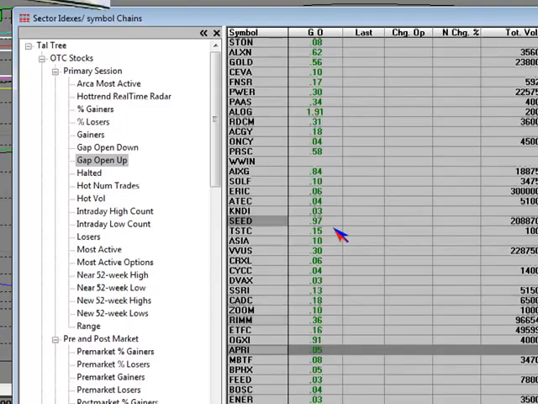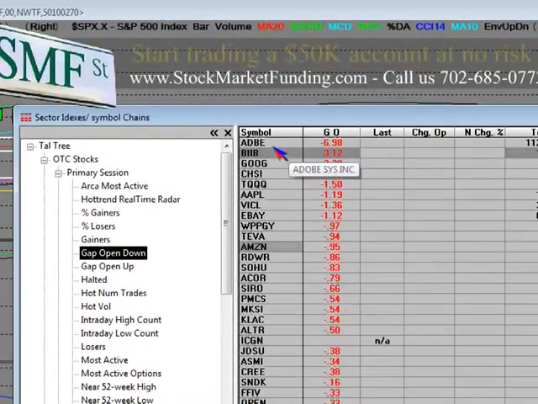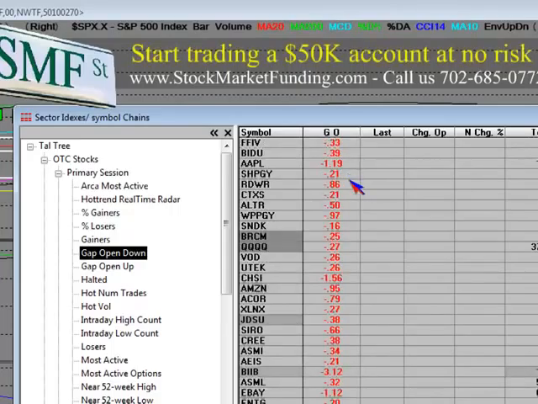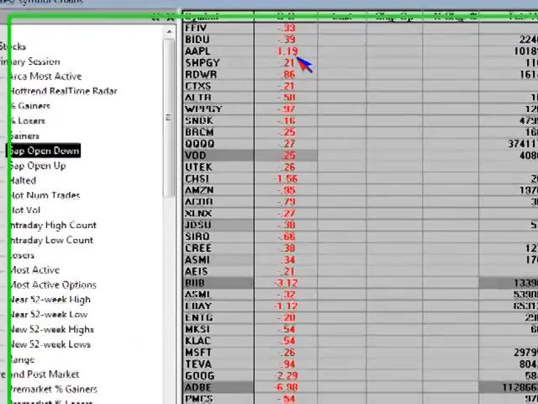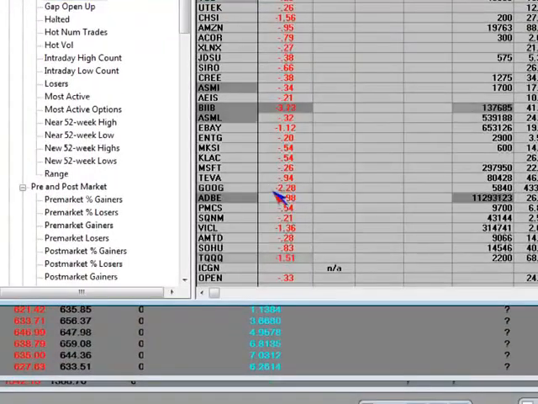I just want you to know that our pricing controls are set in the platform. So let's take a look at the gap open down list. Okay, we got Adobe. Look at that. We got Apple. Look at that. We already talked about Apple. So we got Google.